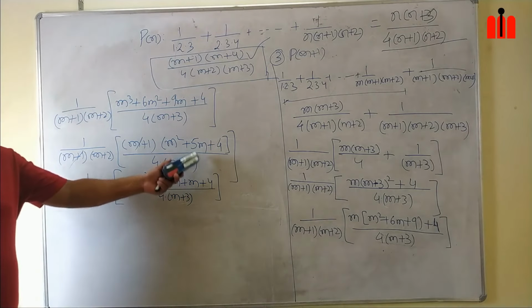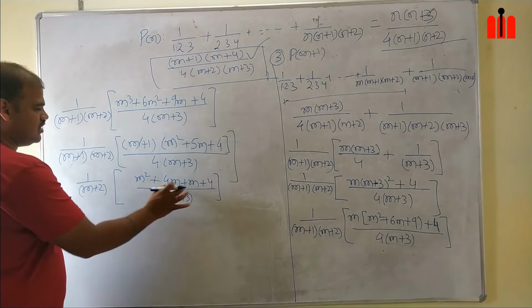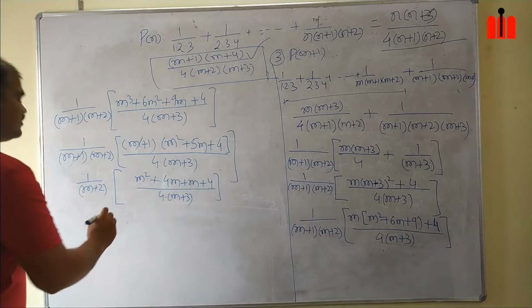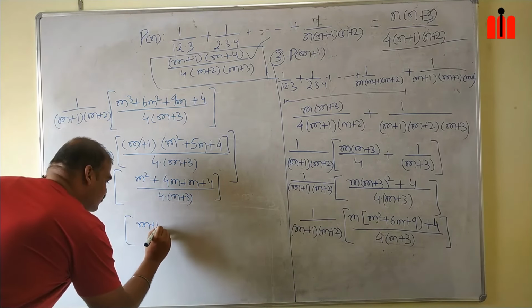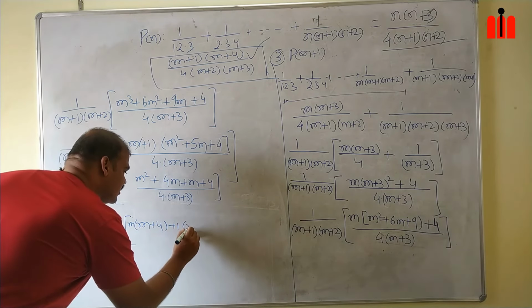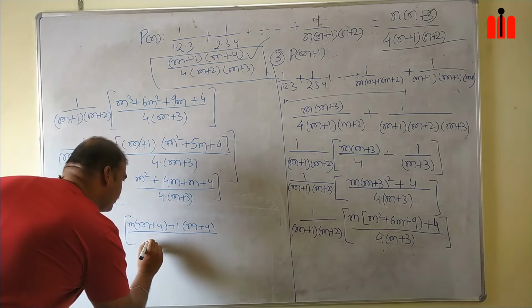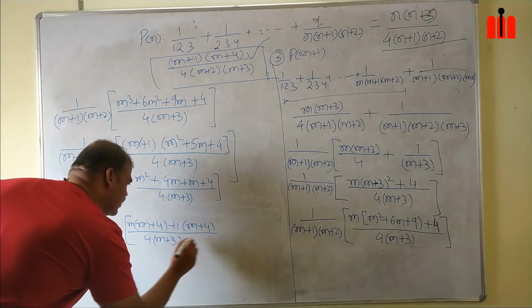Okay, so I had split 5m as 4m plus m. So you will get m plus 4 and m plus 1. Here it will be m plus 4, we take m common, plus 1. Here again it is m plus 4 by 4 into m plus 3.